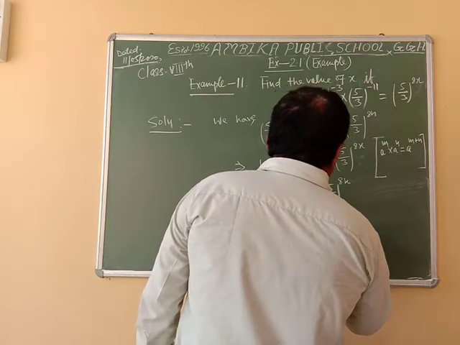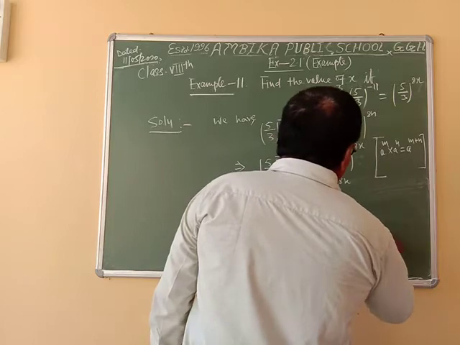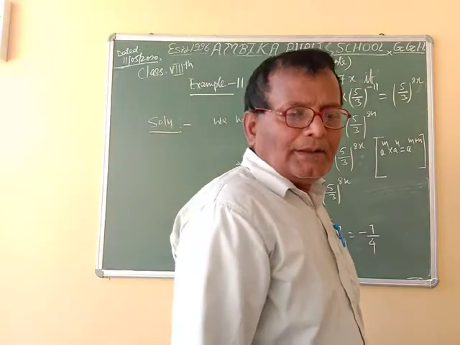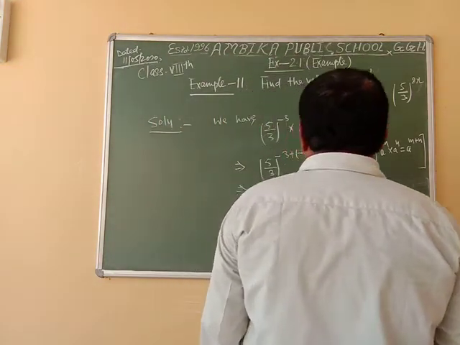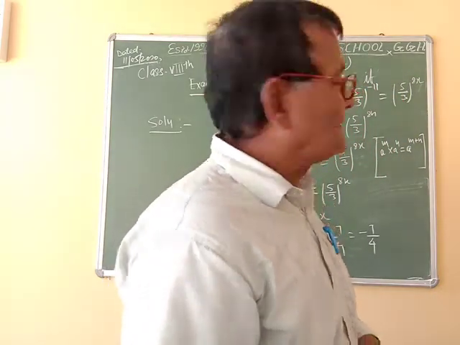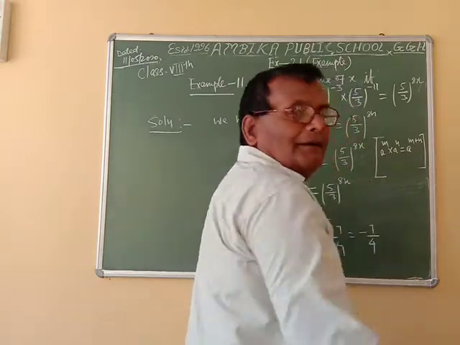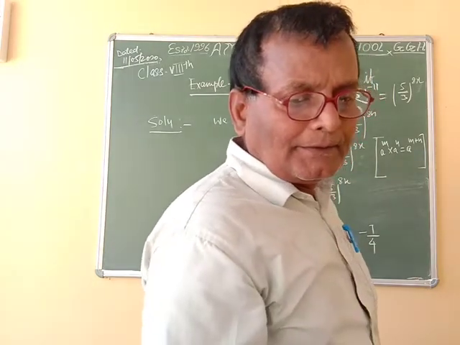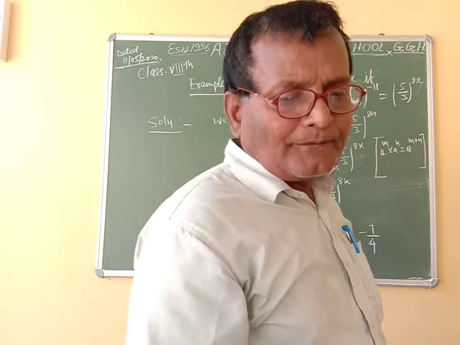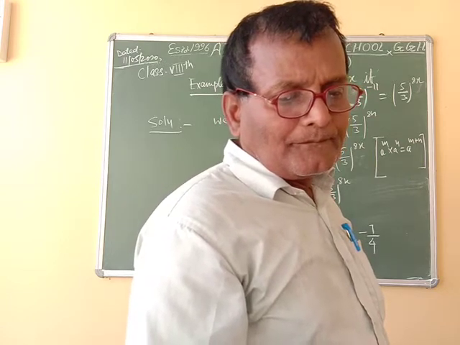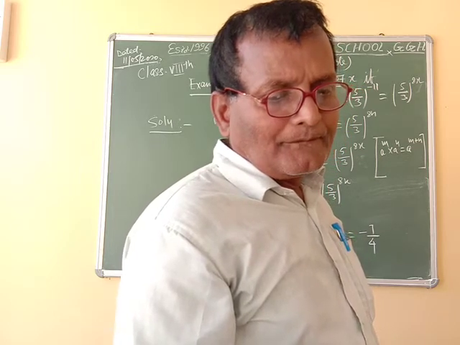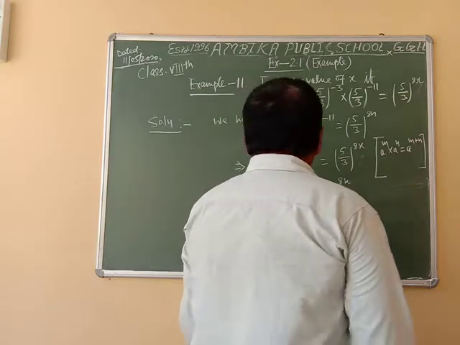Dividing, we get -7 by 4. Hence the value of x is equal to -7 by 4.